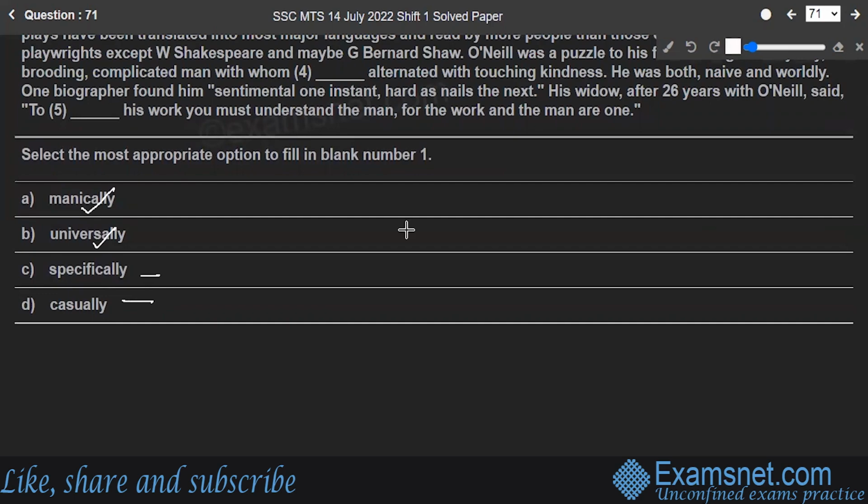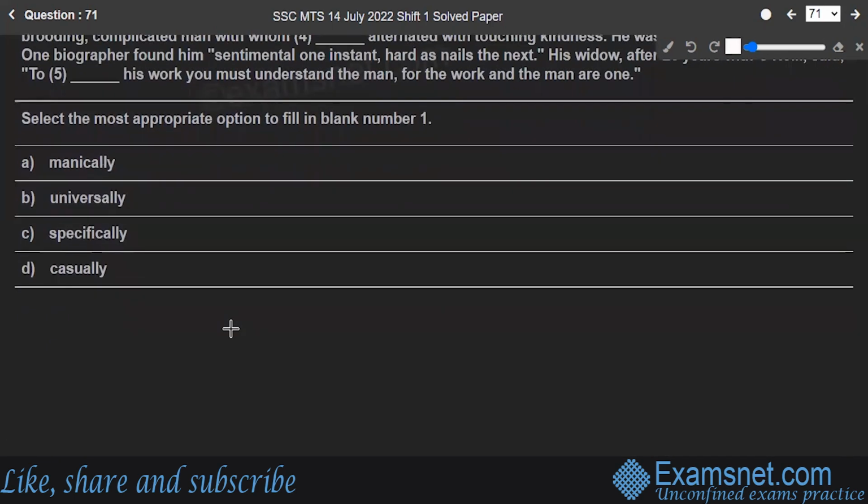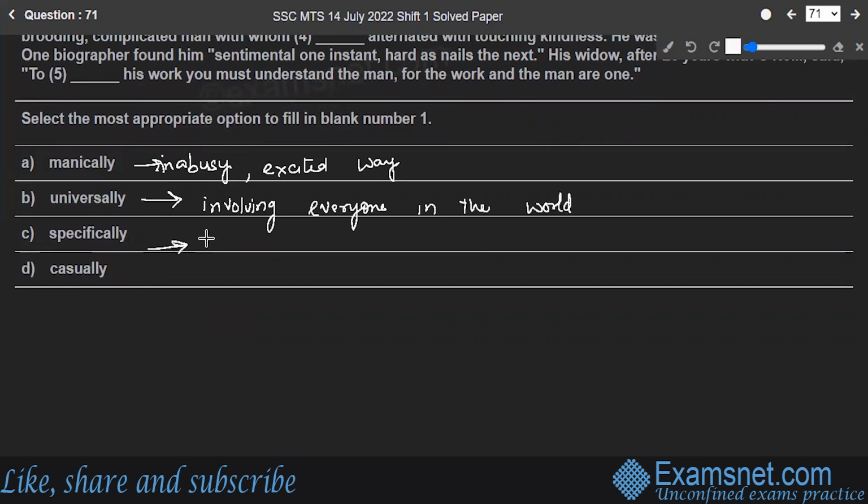To answer the question, let's discuss the meaning of these 4 options which are given. First of all, manically means in a busy or excited way. Then is the word universally, which means involving everyone in the world. Then is the word specifically.